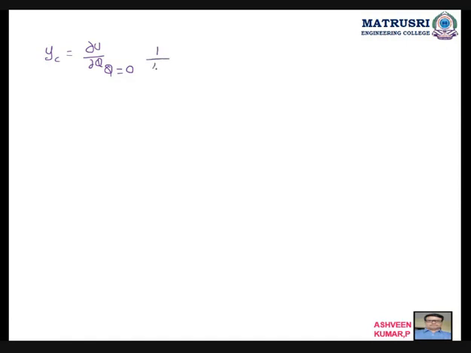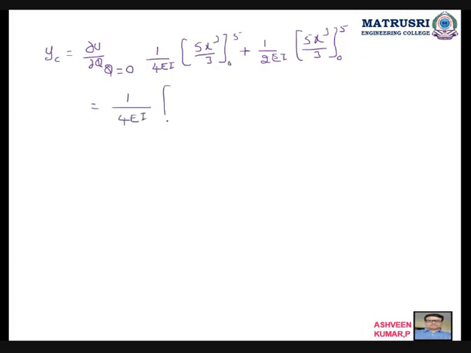1 by 4EI, 5x cube by 3, 0 to 5, plus 1 by 2EI. Here also the same, 5x cube by 3, 0 to 5. Now substitute here, x is equal to 5.